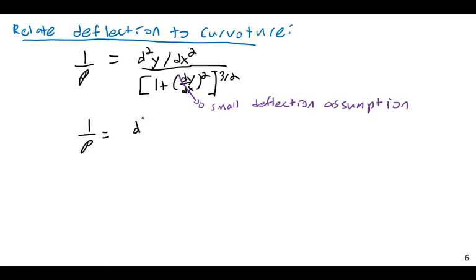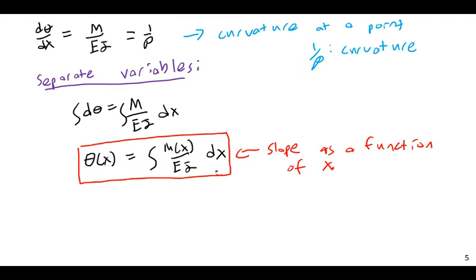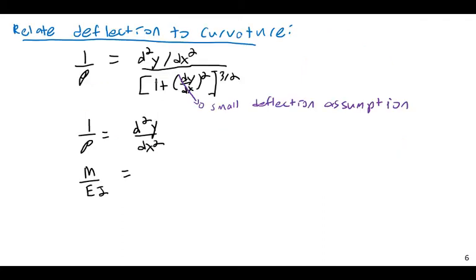Okay, 1 over rho is going to be the second derivative, d squared y over dx squared, and then M over EI, getting this from previous, so plug that in: 1 over rho is M over EI, which is equal to the same second derivative, d squared y over dx squared, and then the integral of M as a function of x over EI.